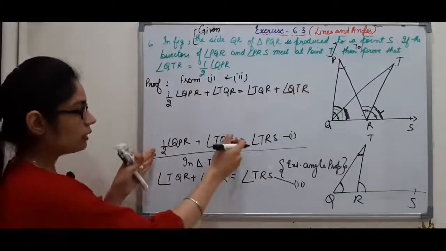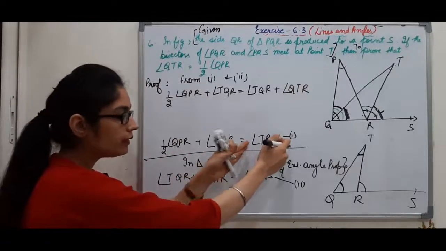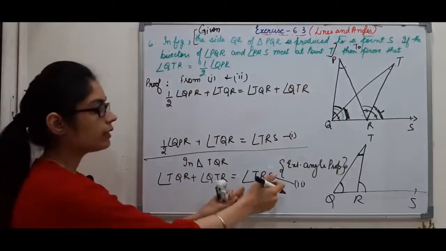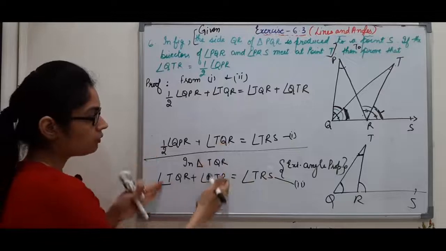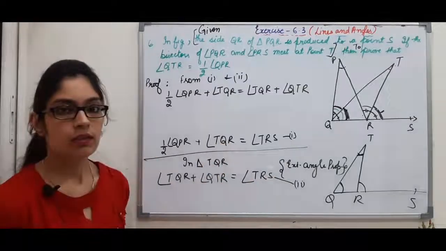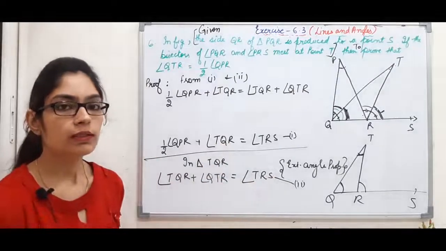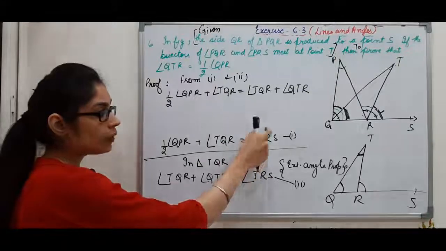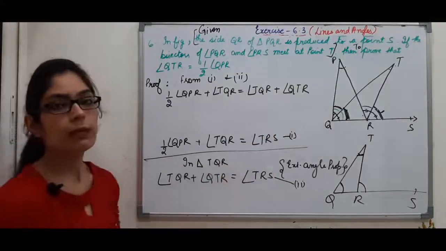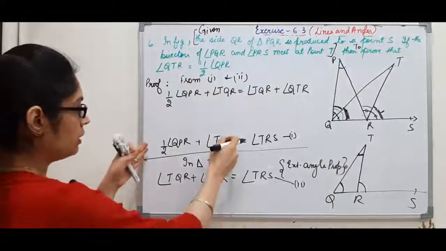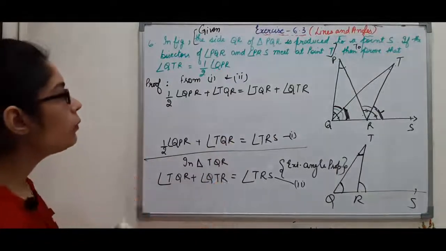Because this is equal to angle TRS and this is also equal to TRS, both of these are equal to each other. When two things are equal to one common thing, they are equal to each other also.